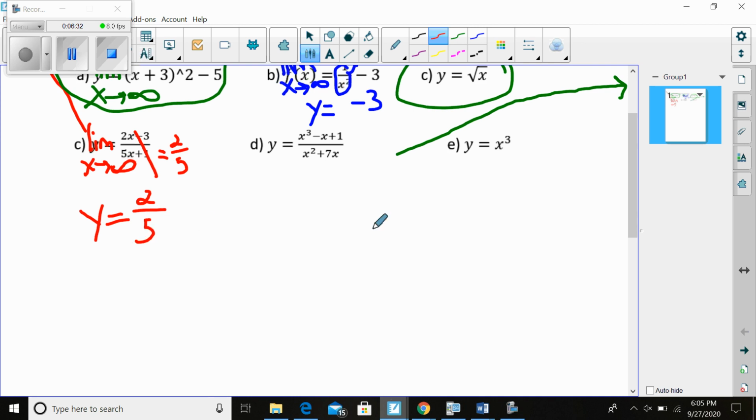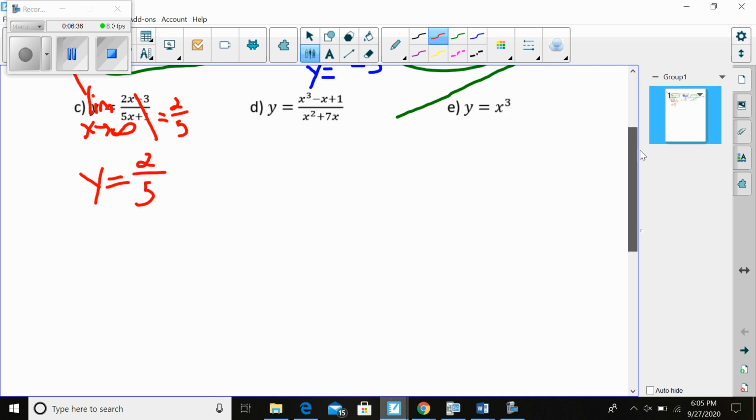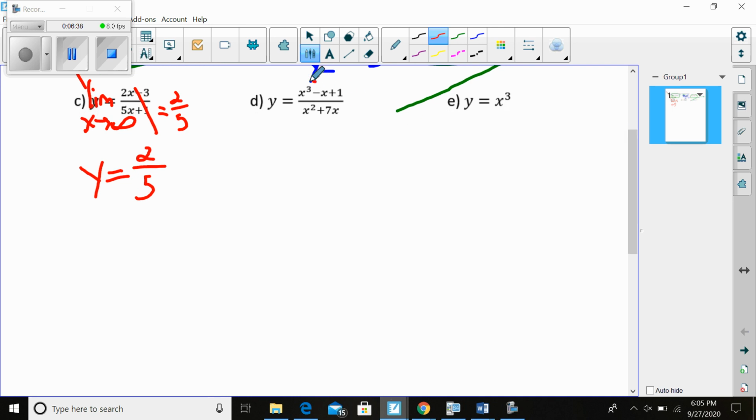But in letter D, what I have here, again, a rational function. However, it is top heavy, right? So that means the number of cookies is growing faster than the number of people showing up to eat the cookie. That means I get more cookie, right?